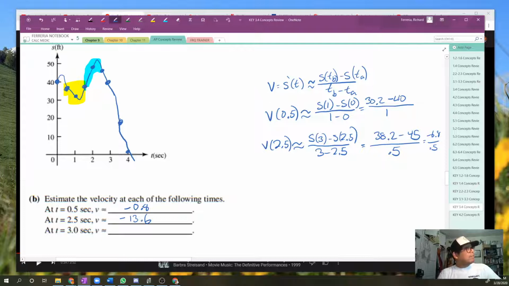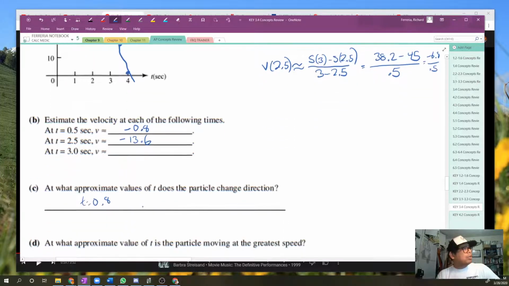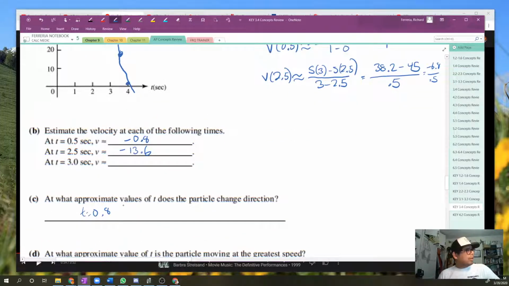Well, it could be any place between t equals 1.5 and t equals 2.5. Why don't we say t is equal to 2.6? There's a range of values that could be correct here. If this was an AP test, believe me, they would be reading for a range of values and not any particular value.